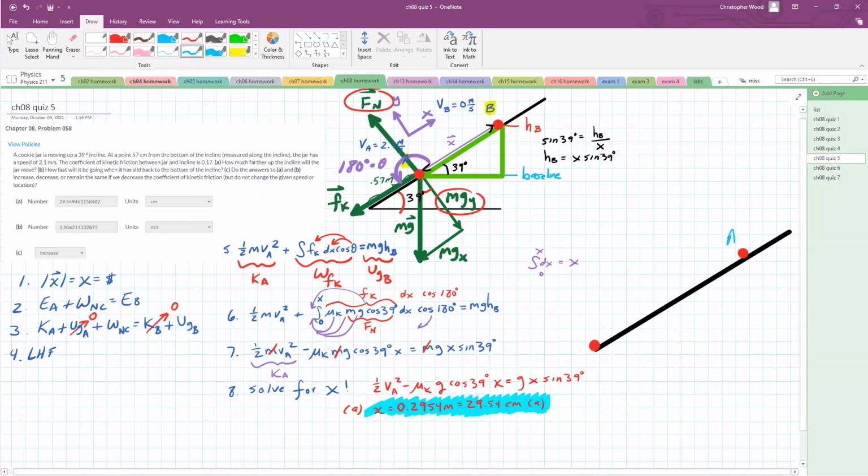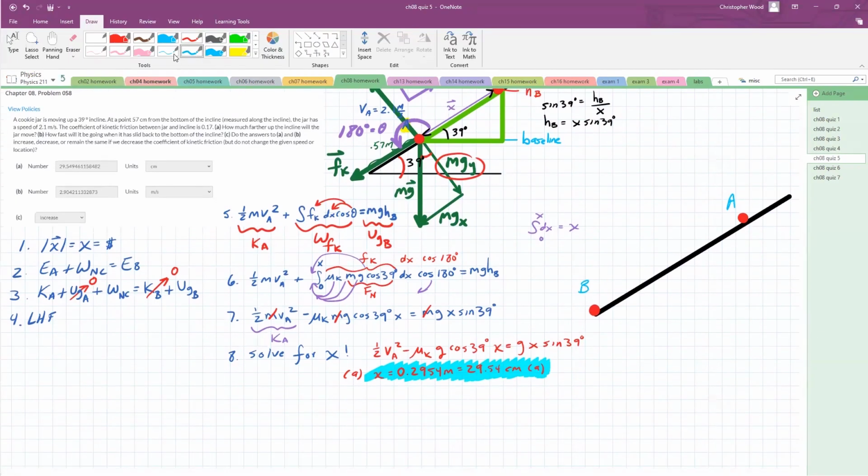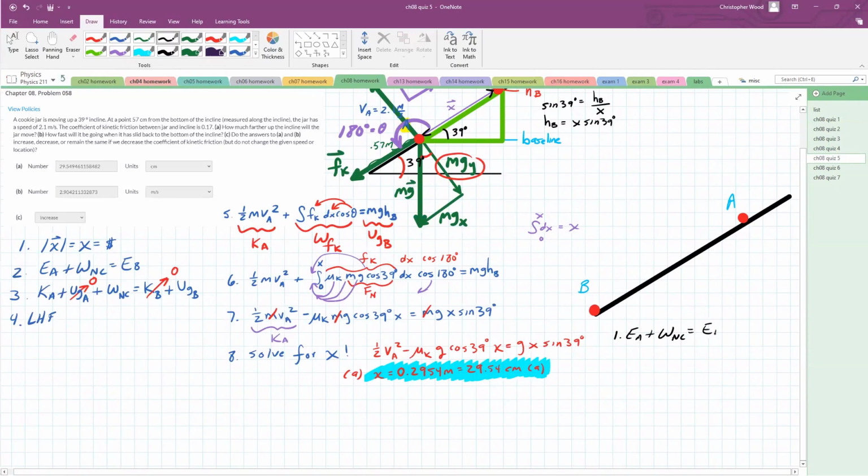Energy state A, energy state B. So let's just go with that. Energy analysis. Number one, energy at A plus non-conservative work equals energy at B. Let's peel apart this layer.